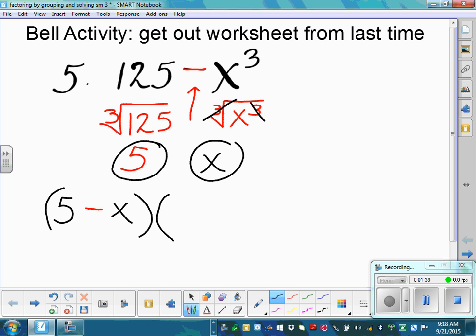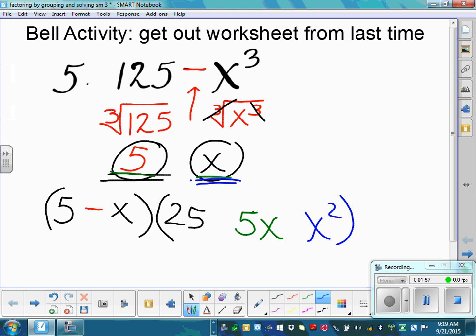So let's go ahead and do the front with the front. 5 times 5, 25. Then we're doing the front with the back. 5x. We're not going to put in our signs till last. And then we'll do the back with the back. x squared. Okay, good. Now we'll go through and fill in our signs.